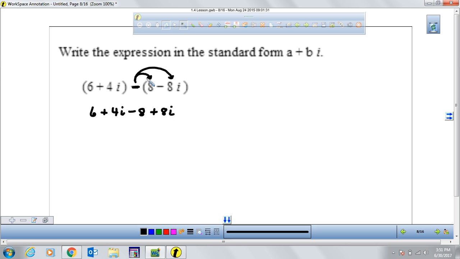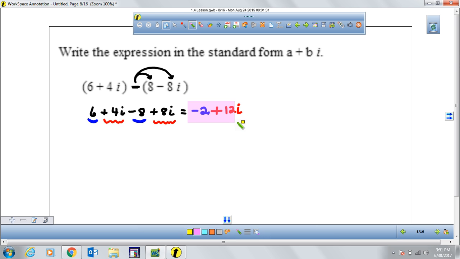So if I distribute that negative sign, it's going to change the signs of these two. Then we're going to do the same thing, which is we're going to combine the like terms. 6 minus 8 is going to give us a negative 2. Then if I combine 4i plus 8i, that's going to be plus 12i. And this is my solution in the form a plus bi.